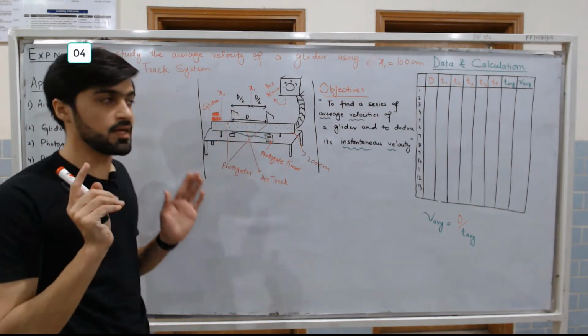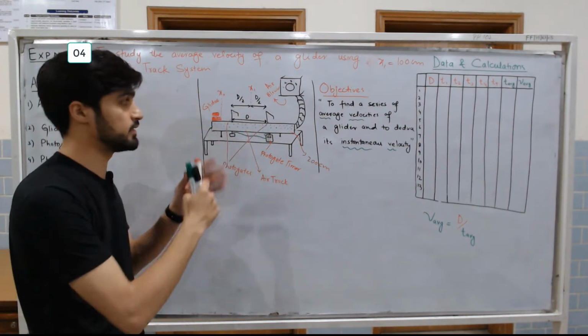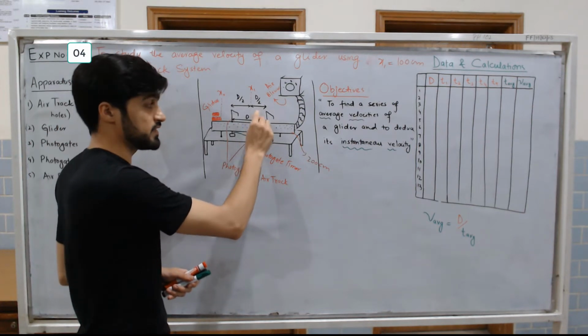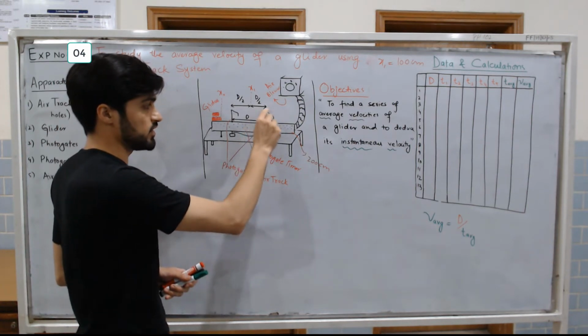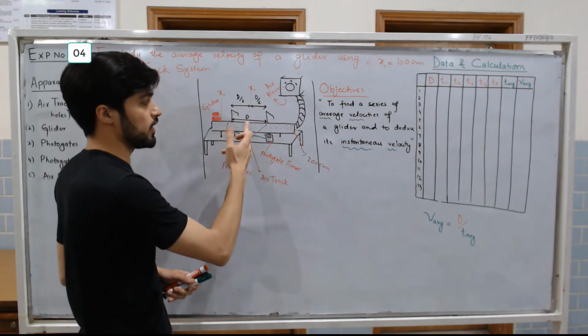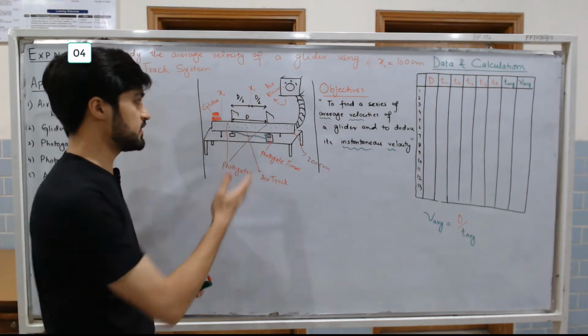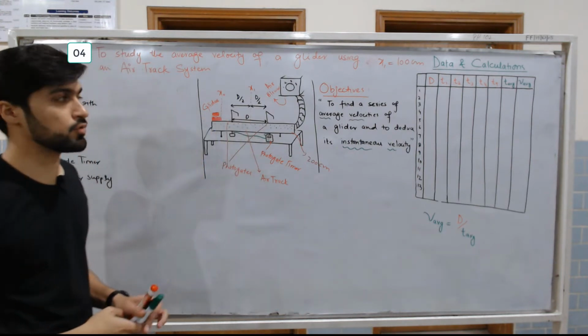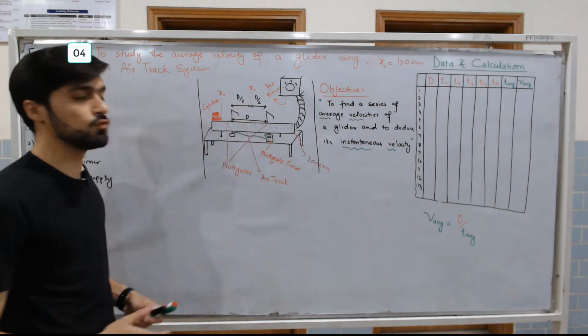Keep in mind, they should always be equidistant. Let's say this photo gate P1, or P2, is 5 centimeter away from the central point; the other photo gate will also be 5 centimeter away from the central point. So keep in mind, the distance between these two photo gates is d.